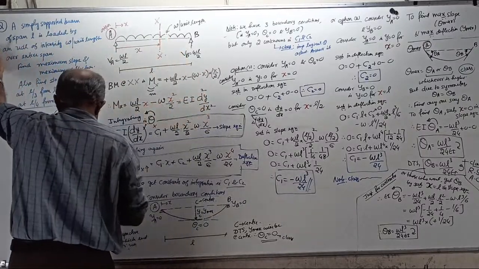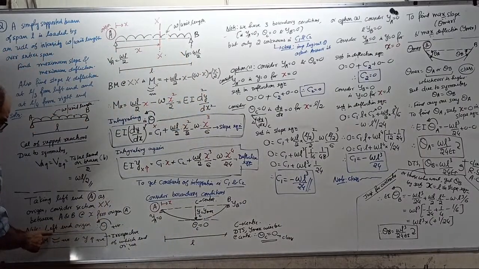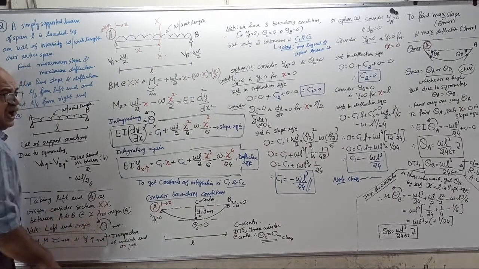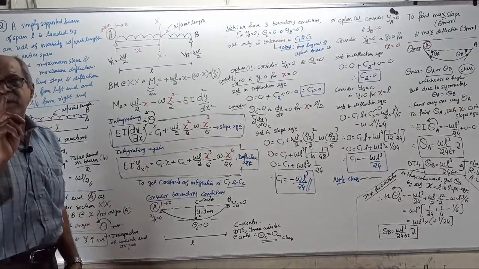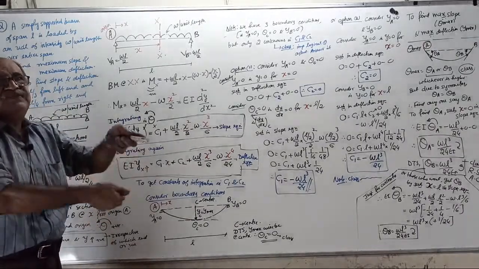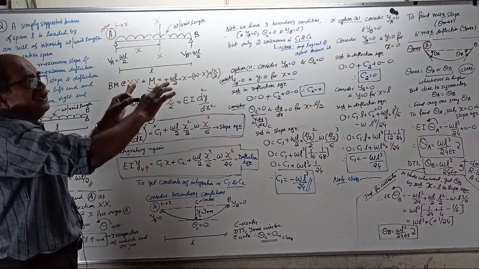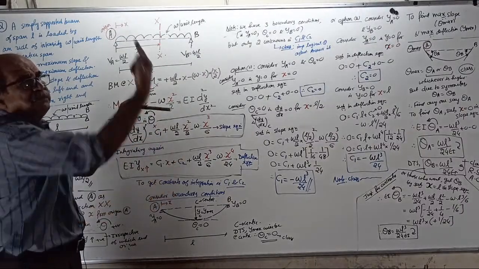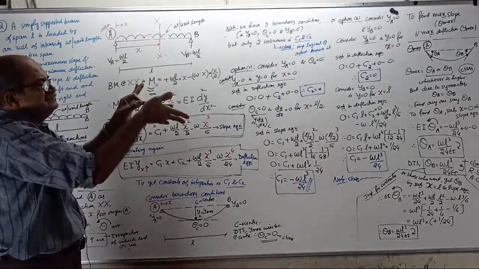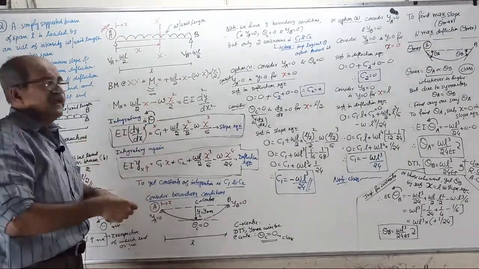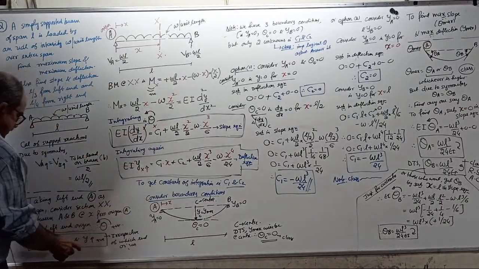And remember, note, we are taking left hand origin. I told you a crude method for this: put the pen here. Deflection is always upward positive, so move up. Slope, in this crude method, is anti-clockwise positive.